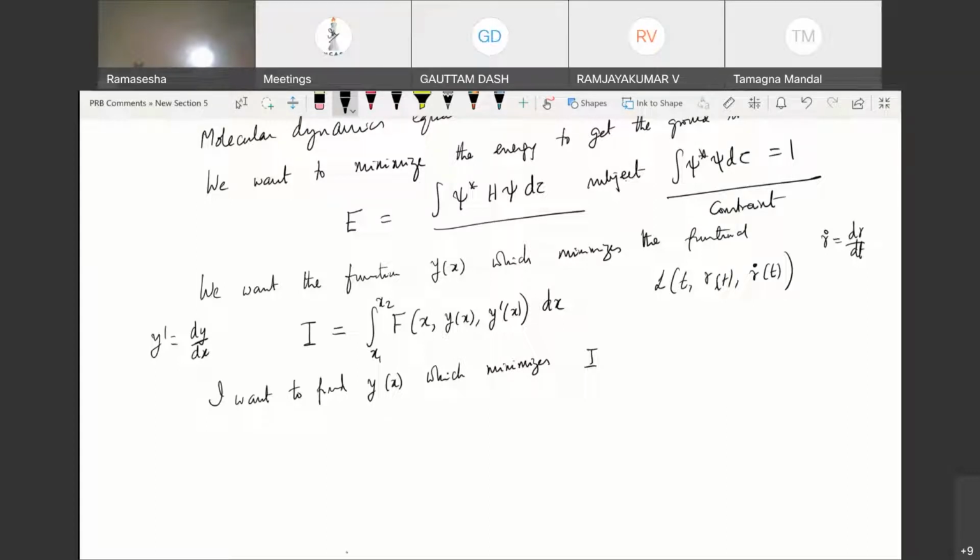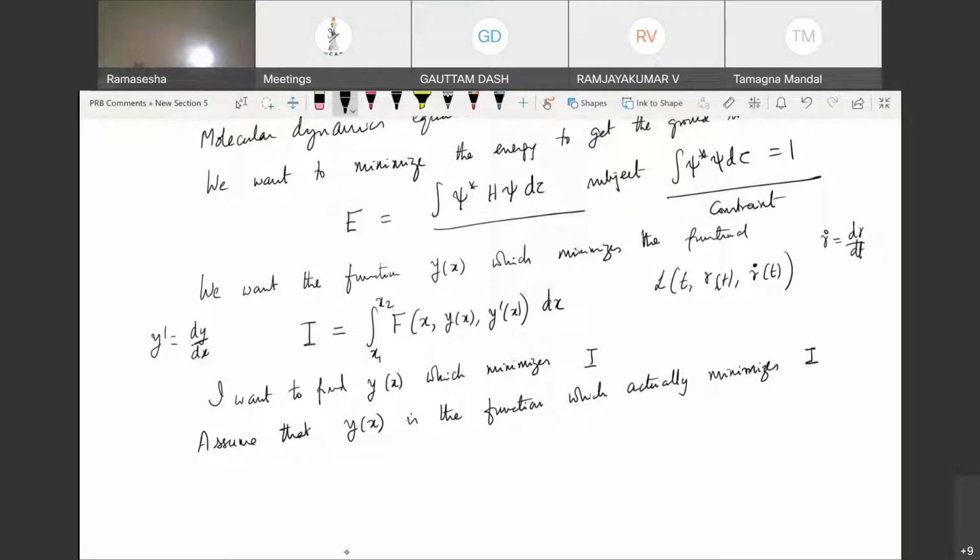Assume the following. Assume that y of x, and you also have to specify the boundary, is a function which actually minimizes I.